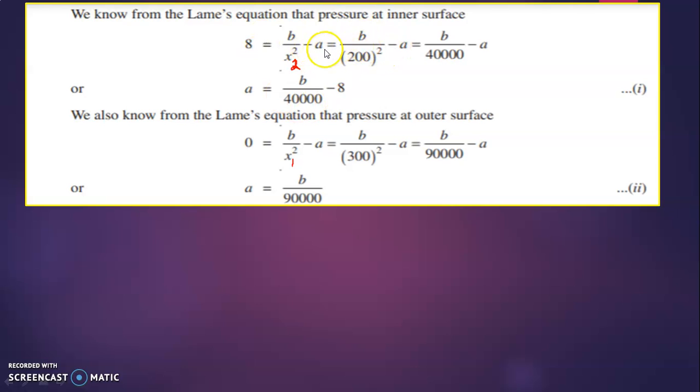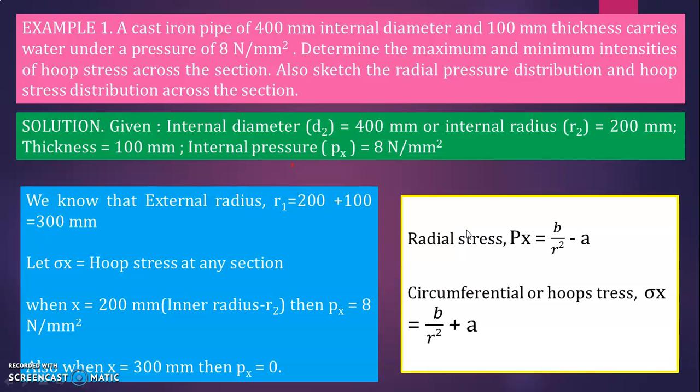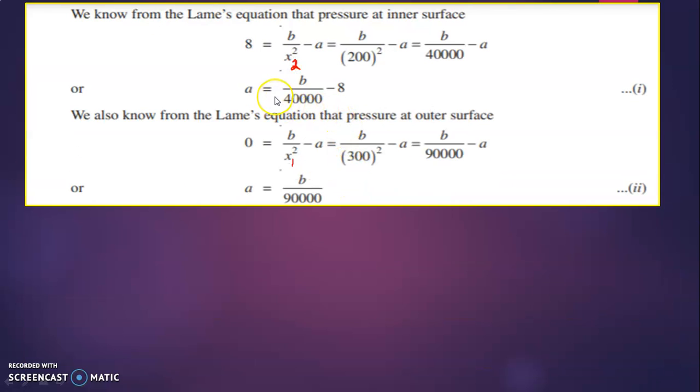Now we don't know B and A, right? R2 is internal radius, equal to 200 square.